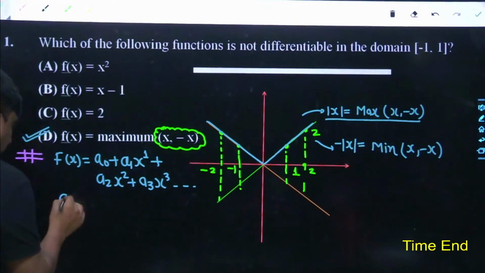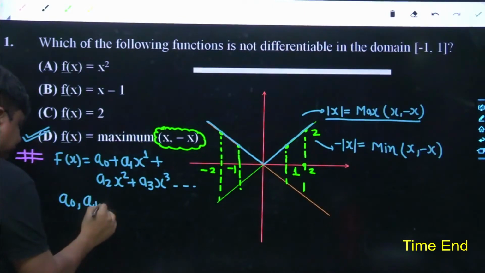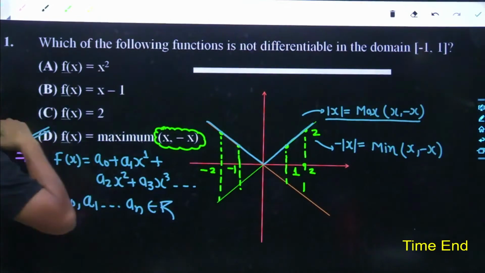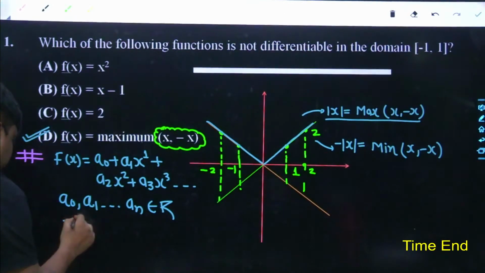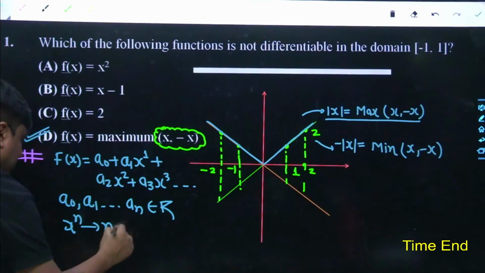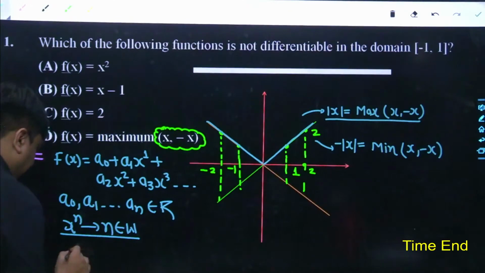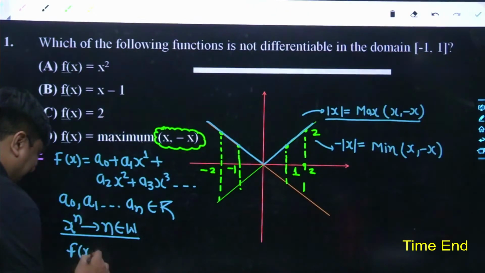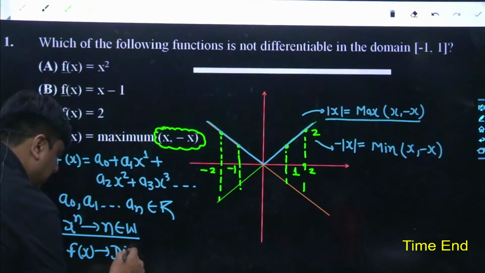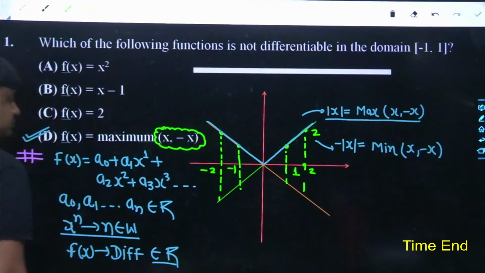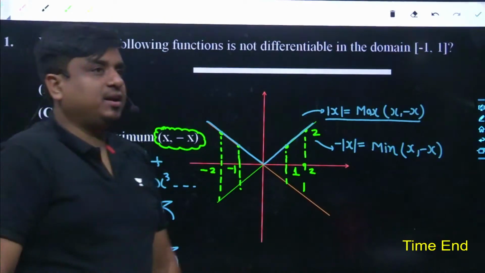Where all of the coefficients are real numbers, belonging to the family of real numbers, and the power of x is always a whole number, in that case the given f of x would be differentiable in the entire region of x.